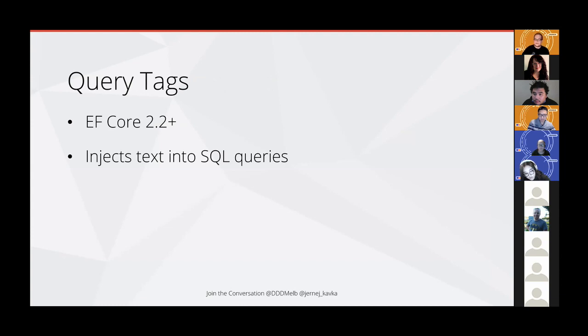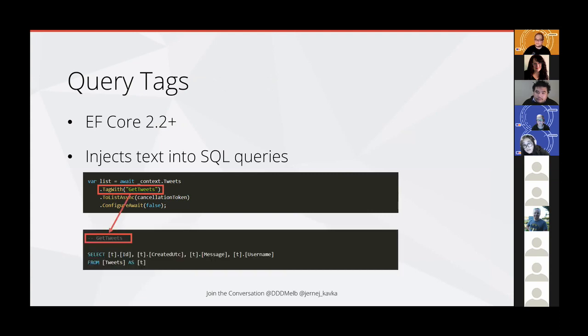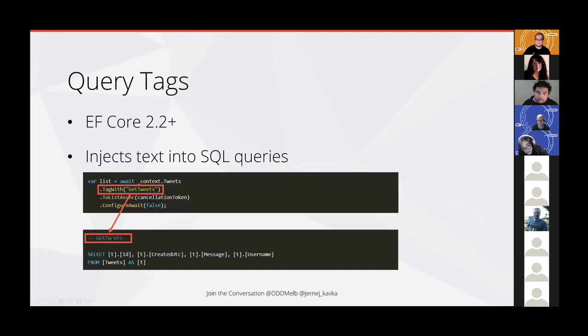What it essentially allows you to do is inject text into SQL queries. For instance, if I add a tag to this select statement and look in SQL Server Profiler, you can see over here, get tweet, it adds a little bit of text. So now you can look up your logs and say, oh okay, this query is coming from this code.